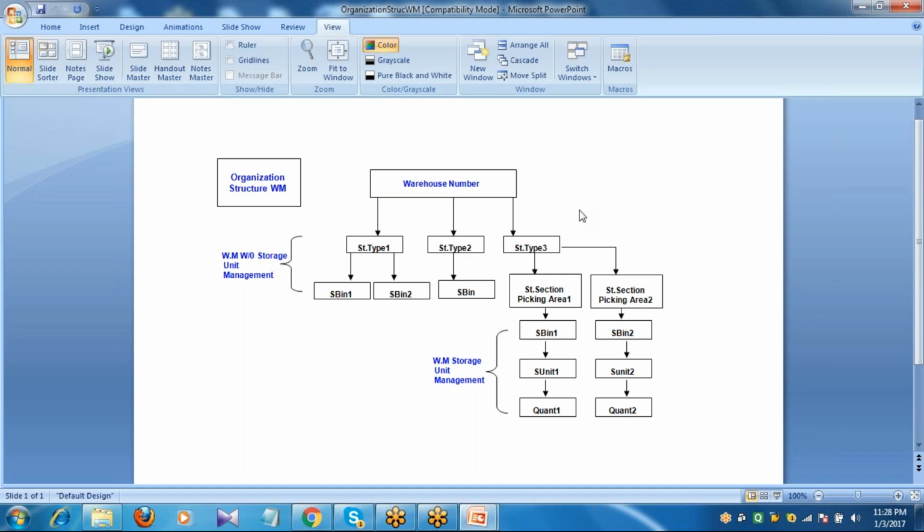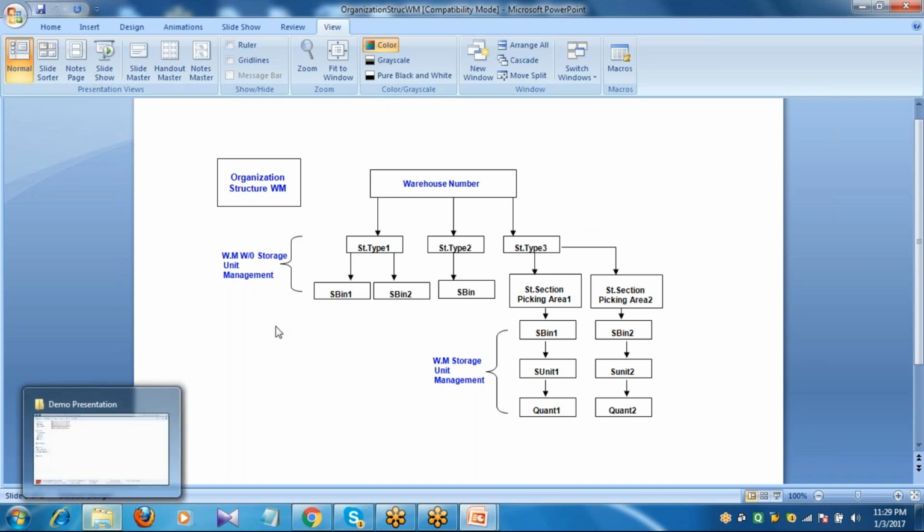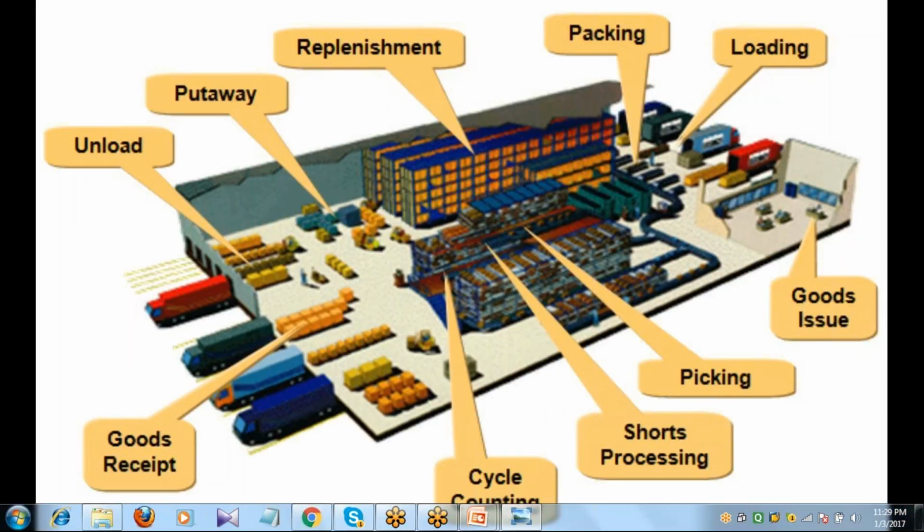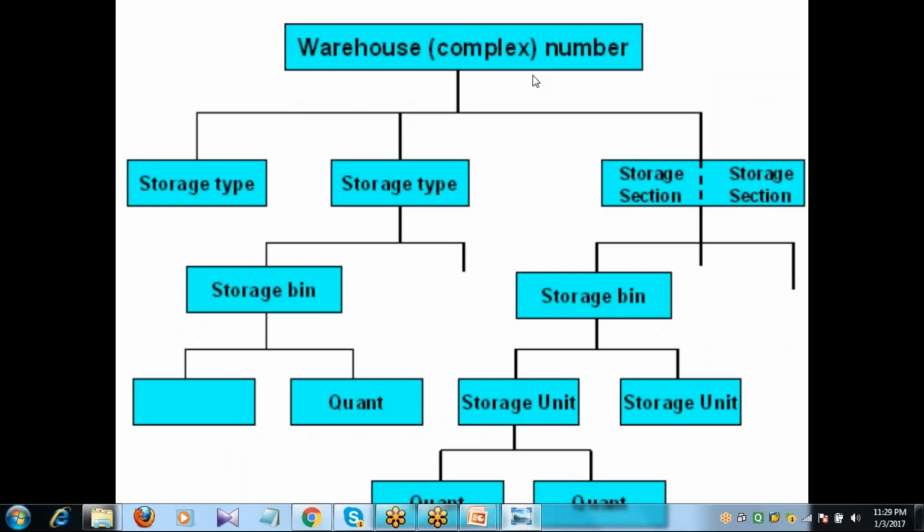Once you are done with this organization structure in the WM, then after that we will maintain the WM related views in the material master to maintain the WM data. There the cycle will start. We can execute the scenarios. So like this, the WM takes place. And here, just one second, I'll show you the layout. Yeah, you can see the total layout of the WM.